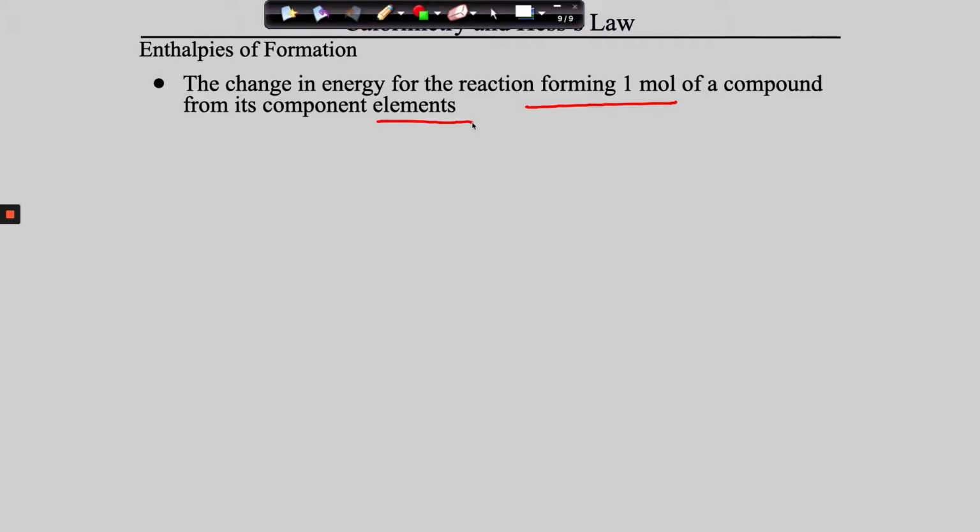Because what are they all going to be? They're all going to be synthesis reactions. Because what we're doing is we're taking the elemental bits and we're putting them together as the compound whole. These are all synthesis reactions.